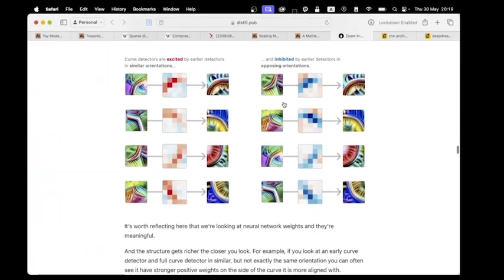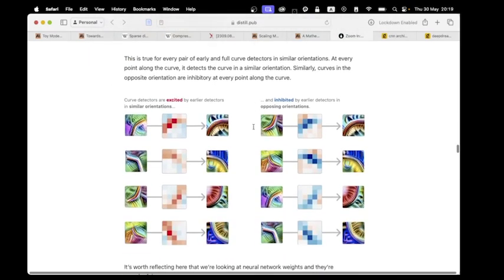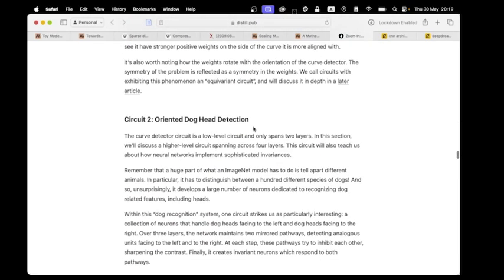We have a complete set of curves, and from those curves we assemble something more semantically meaningful, like an oriented dog detector.